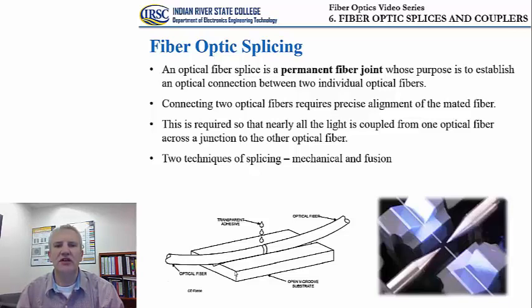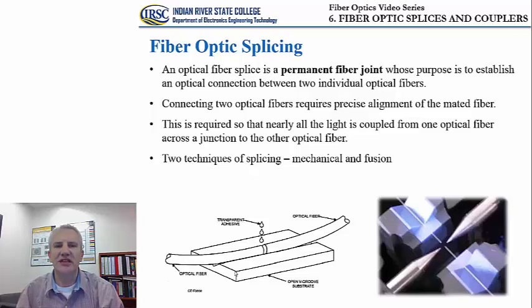This is required so that nearly all the light that's coupled from the glass core from one optical fiber is completely transferred into the other fiber through the junction that's been established through the action of optical splicing.